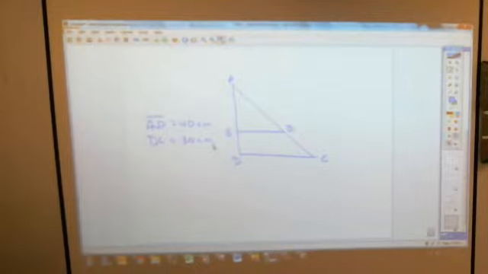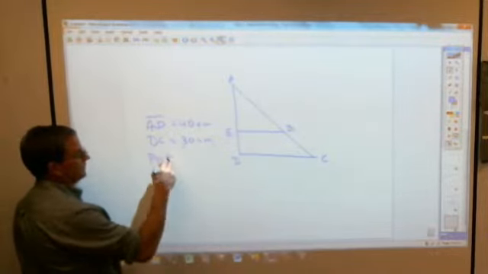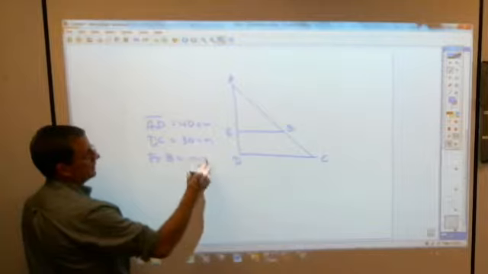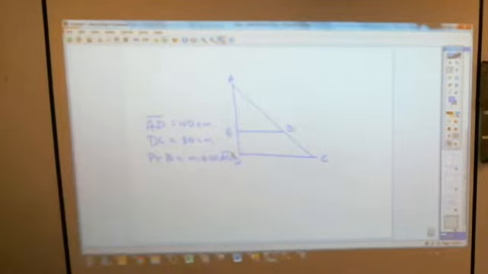Point B is the midpoint of AC. Oh, great, another error. Point B is the midpoint of AC. Find the perimeter of BCDE.